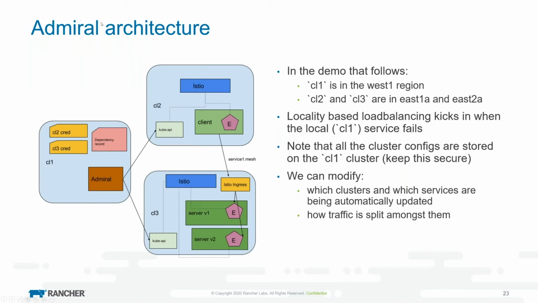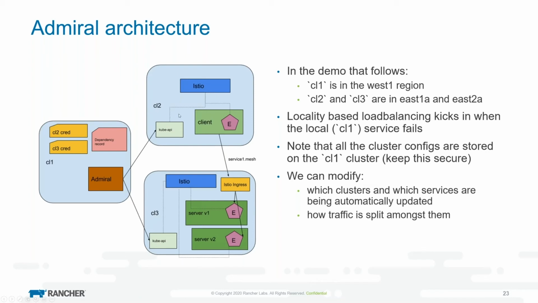Yeah. A little bit deeper into the Admiral architecture. Like I said, there's a kind of privileged control tower, this CL1. It hosts the Admiral controller workload, the credentials to communicate with both clusters through kubectl, and then the dependency records, which tell you which clusters need to have which components installed on them.